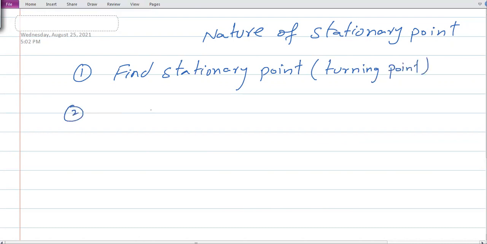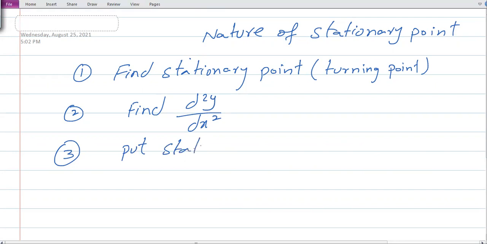Second step is, after finding the stationary point, find d2y over dx square, meaning the second derivative. Okay, first find the stationary point, then find the second derivative. Then the third step will be put the stationary point in d2y over dx square.